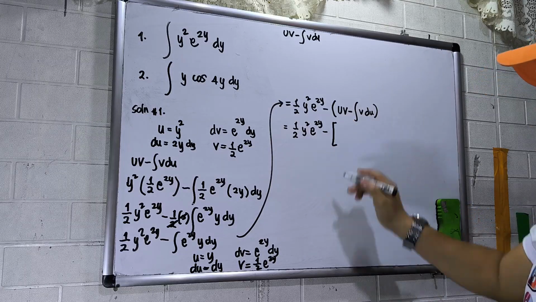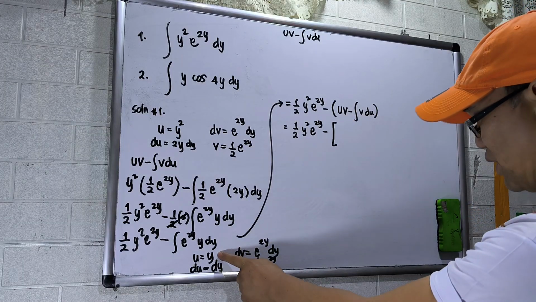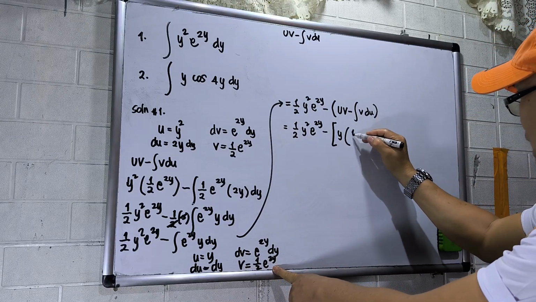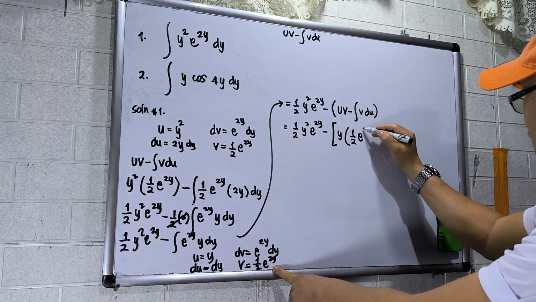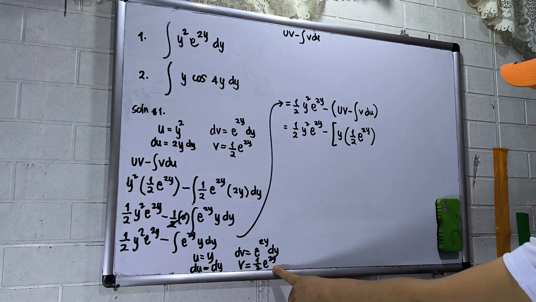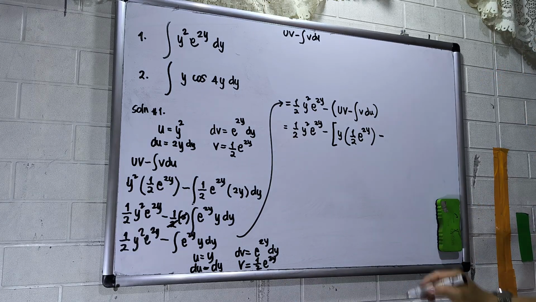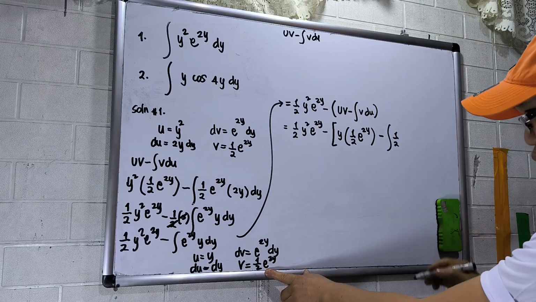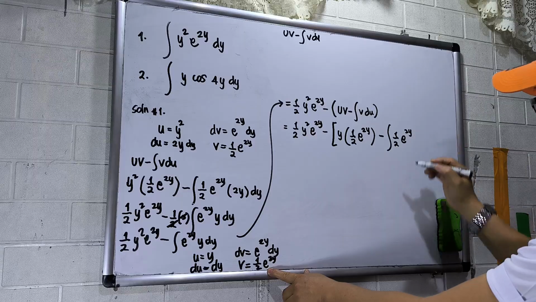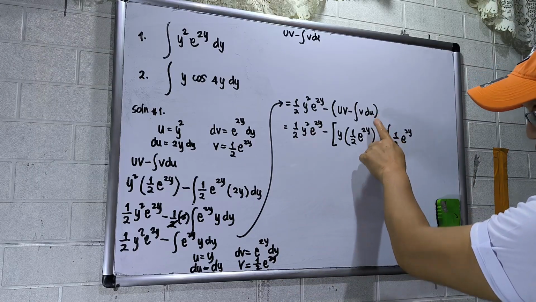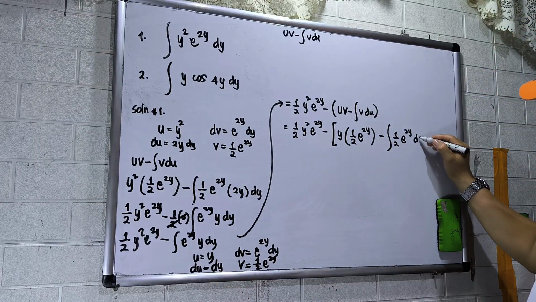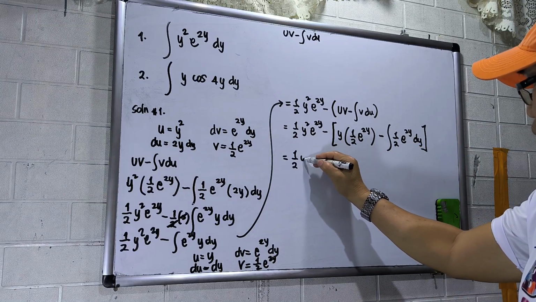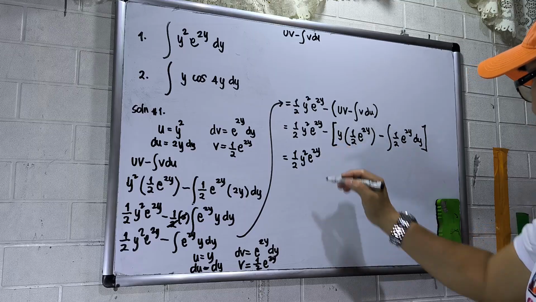Just use square brackets: u is y, and then v is, in circle brackets, 1 over 2 e to the 2y. And then minus the integral of v, 1 over 2 e to the 2y, du is dy. Close.